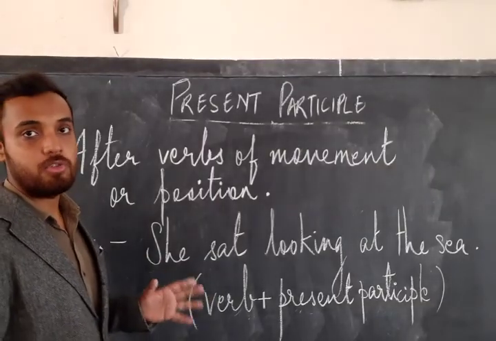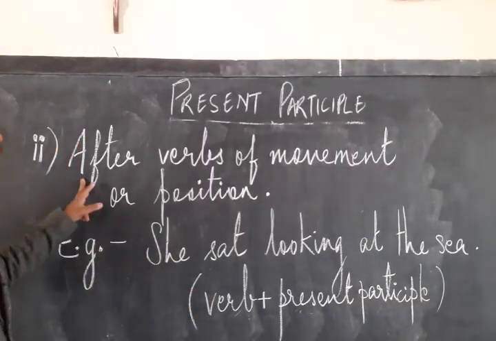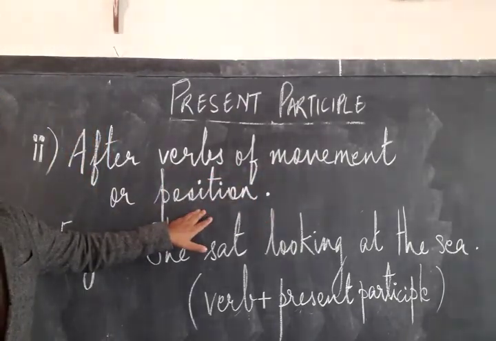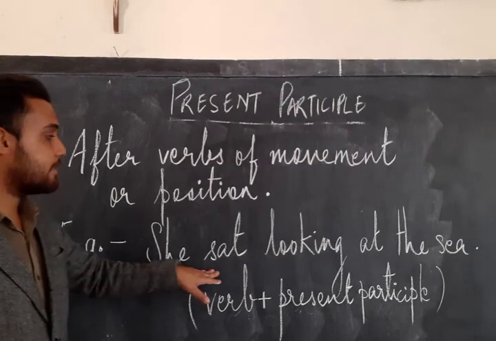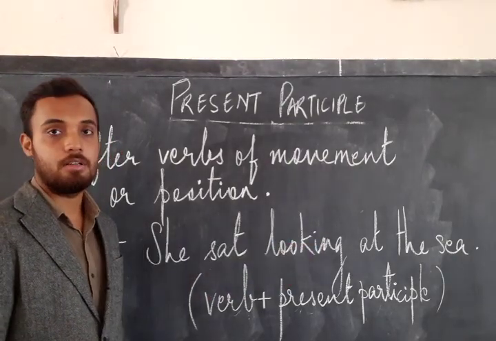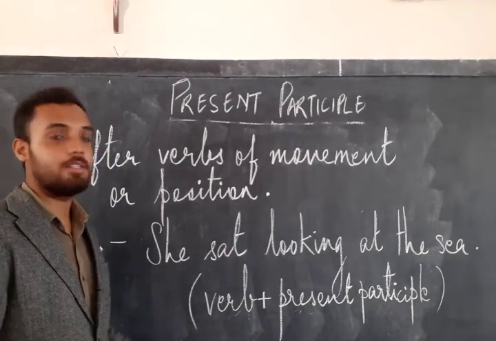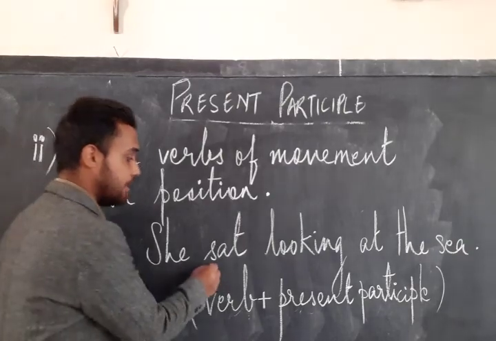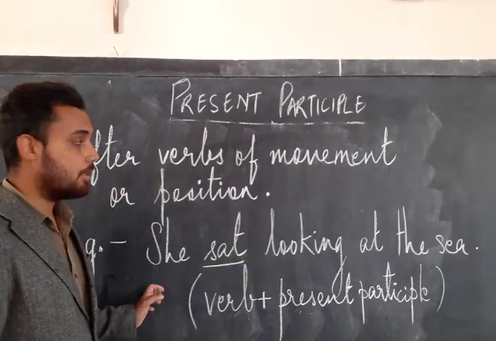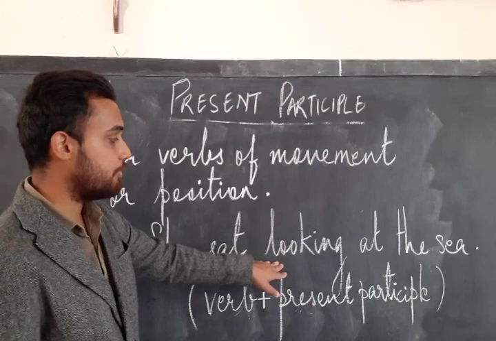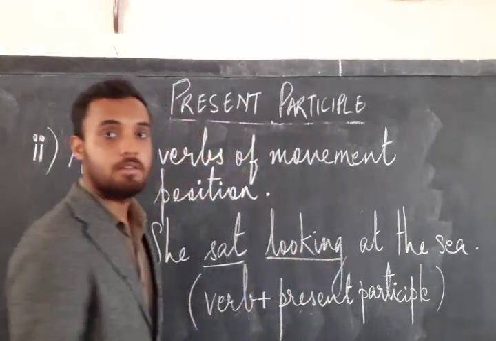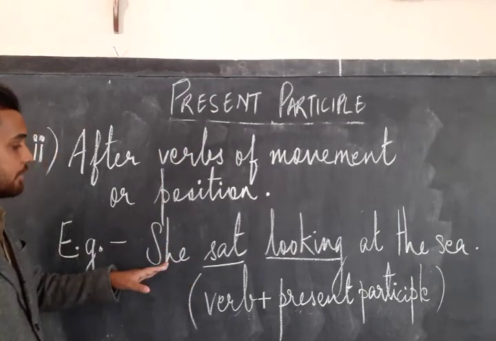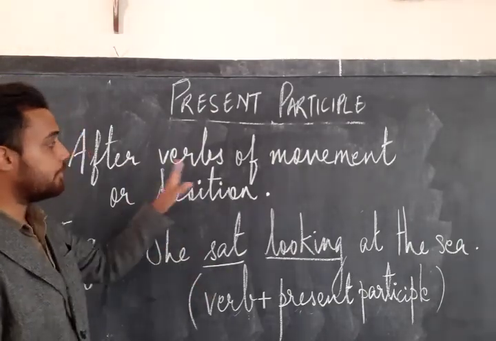The second use of the present participle is that it is used after verbs of movement or position. Example, she sat looking at the sea. Now in this particular sentence you already have one verb of movement, that is sat. And the present participle form is looking. So you can understand clearly that the present participle is used after verbs of movement.